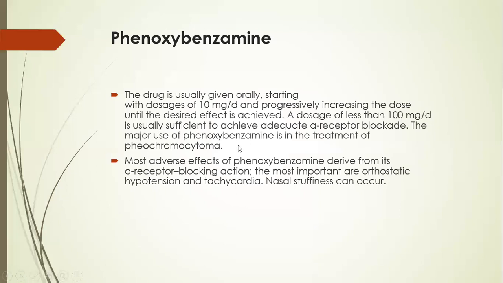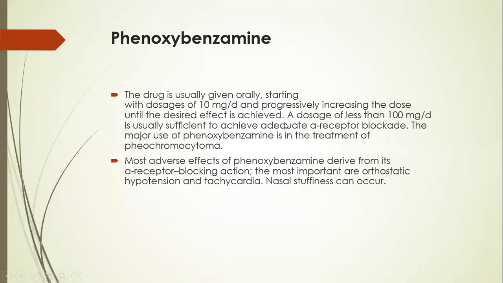Okay, phenoxybenzamine. This is a drug which is usually given orally, starting with dosages of 10 milligrams a day and progressively increasing the dose until the desired effect is achieved.